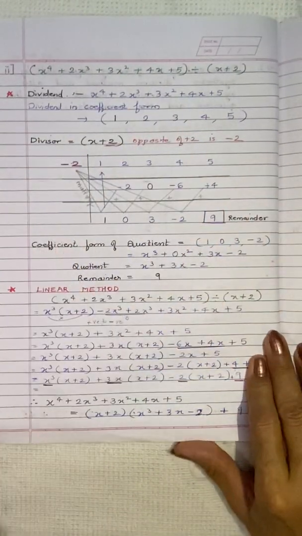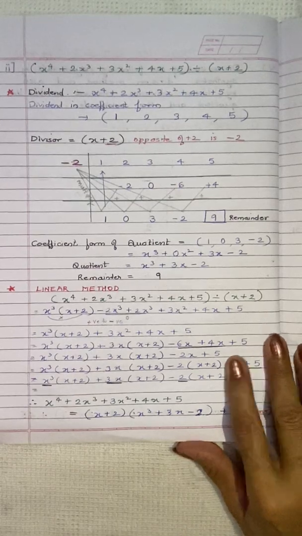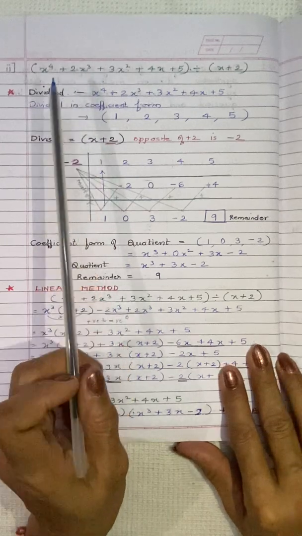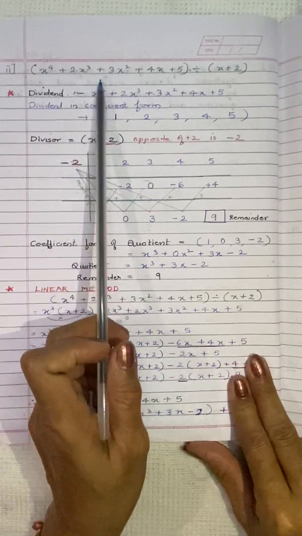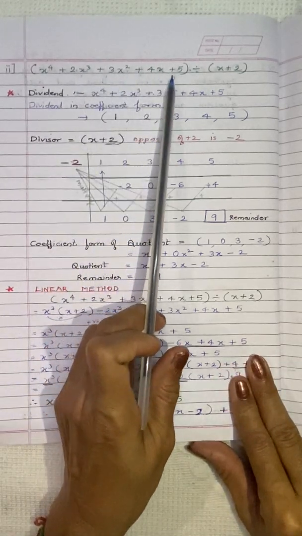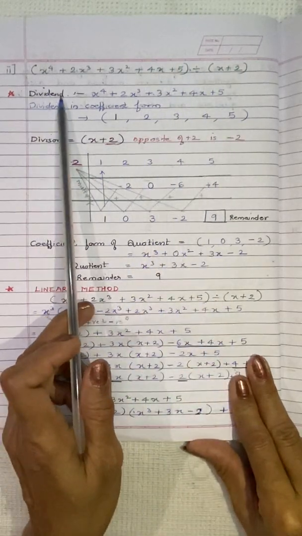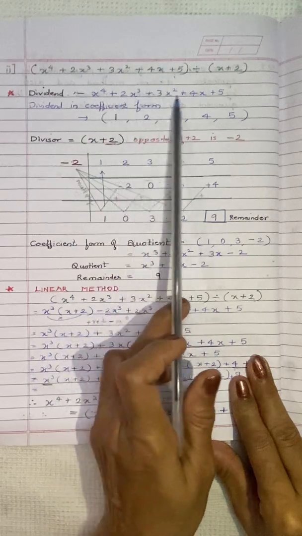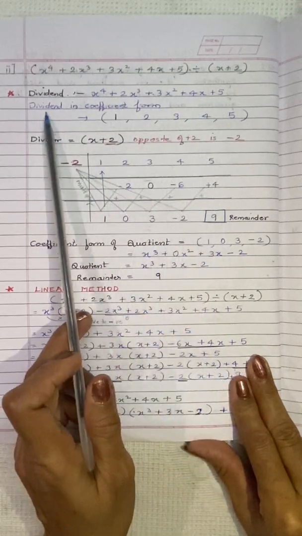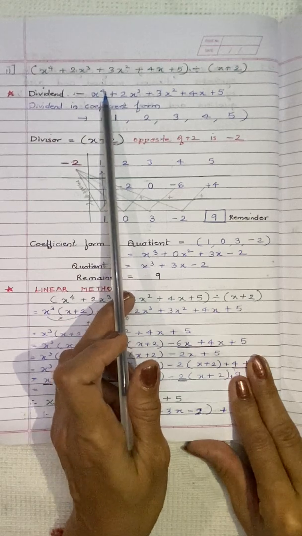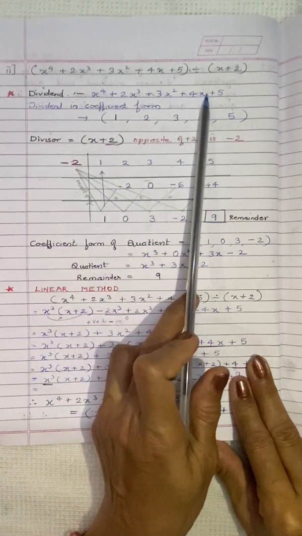Remaining all the sums of the same exercise can be solved in the same manner. Now sub question 2: x raised to 4 plus 2x cube plus 3x square plus 4x plus 5 divided by x plus 2. Now the dividend is the same, we need to copy it down. Then the dividend in coefficient form. First we have to check whether it is in index form or not. 4, 3, 2, 1.